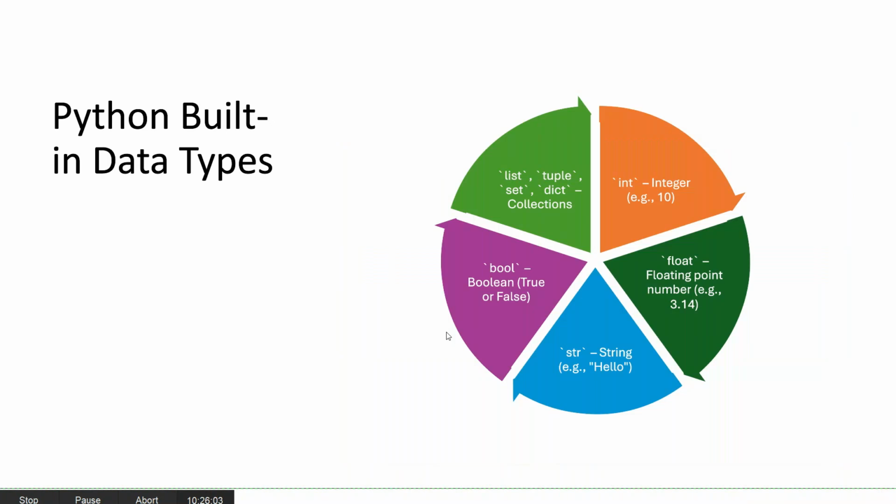So what are built-in data types? Integer is a data type, and float represents 3.14. Here 14 after the decimal point is the precision, and 3 is the scale; sometimes we address them as precision and scale values.